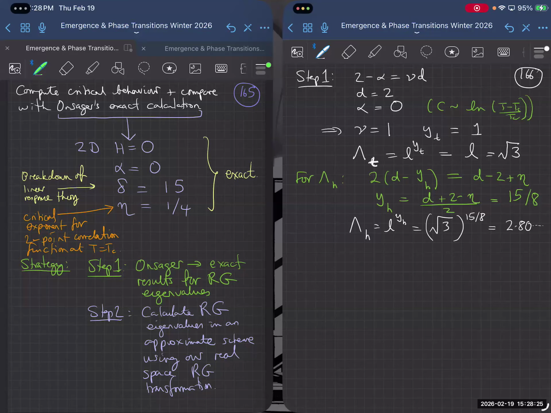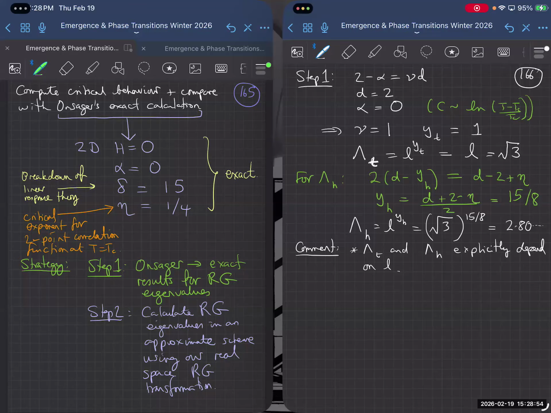Okay. So the thing I want you to note is that lambda t and lambda h, as you can see here, explicitly depend on L. In other words, they depend on the renormalization group transformation.